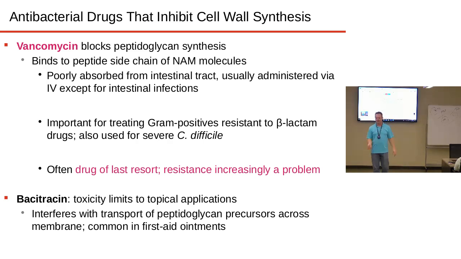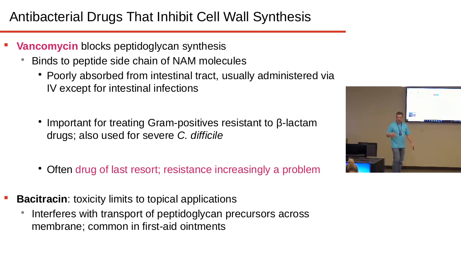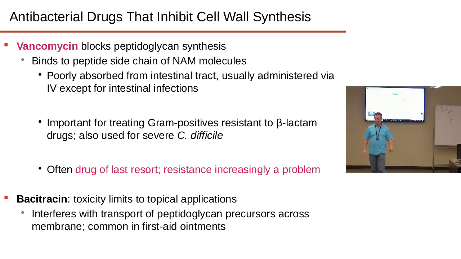So I can't give it as a pill you can take by mouth or any other sort of route because, again, it's not going to be absorbed by the intestine. So I have to put it straight into the bloodstream. And in that case, we're usually going to save that for somebody that's already going through the gambit, or maybe it's switched over and now they're septic. We'll switch over to vancomycin.